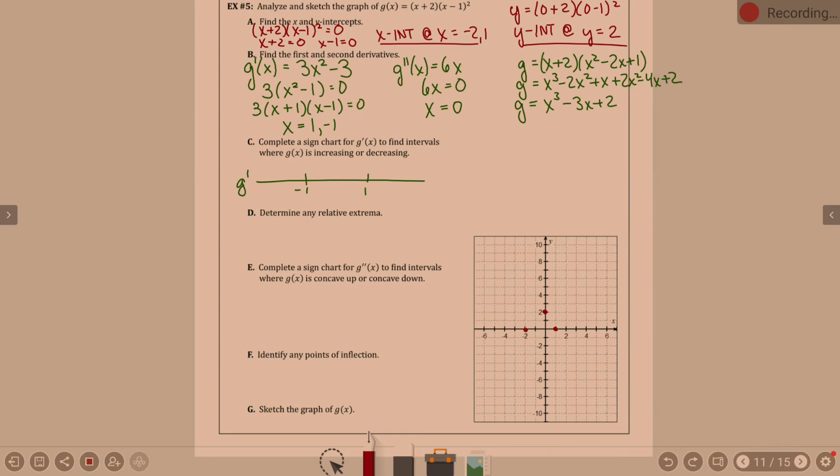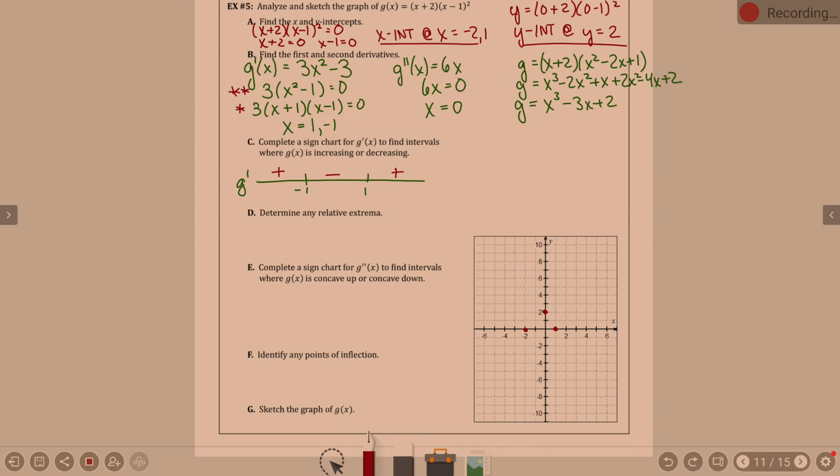I would plug in here, or you can plug in here, either or. To the left of negative 1, positive. I actually plugged in negative 2, which gave 4 minus 1, that's 3, positive. Between negative 1 and 1, I plug in 0 and I get a negative. To the right of 1, if I plug in 2, I get a positive.